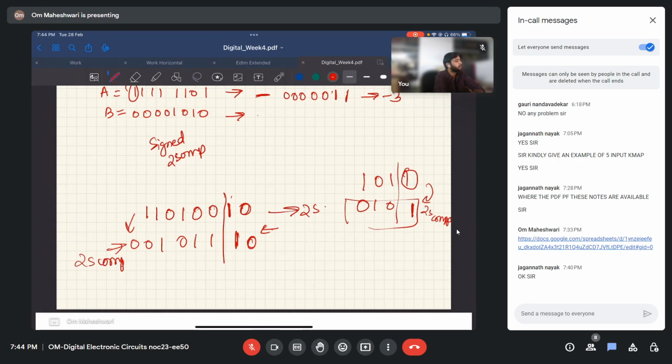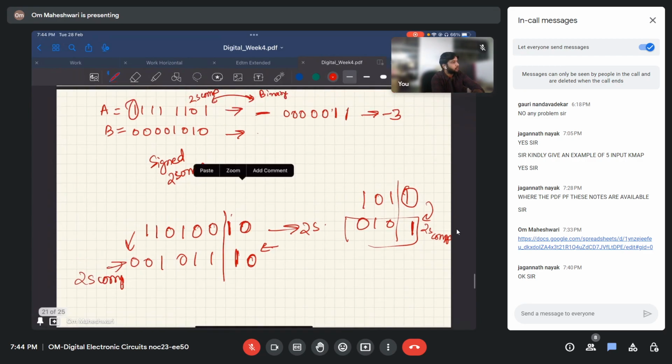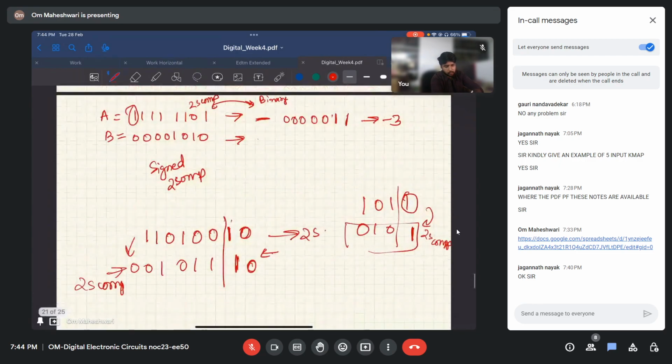Find the two's complement number of A cross B. So B could be 01101111, right?